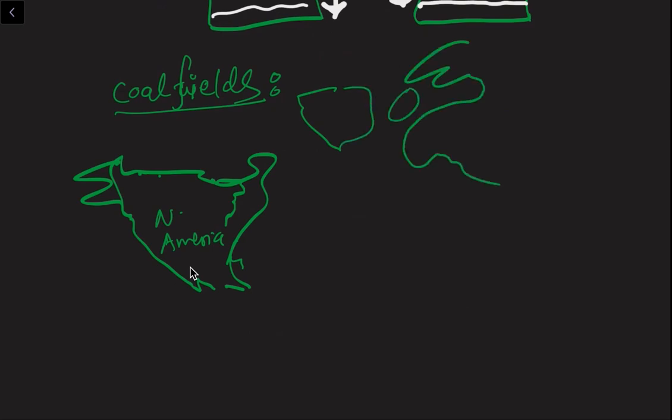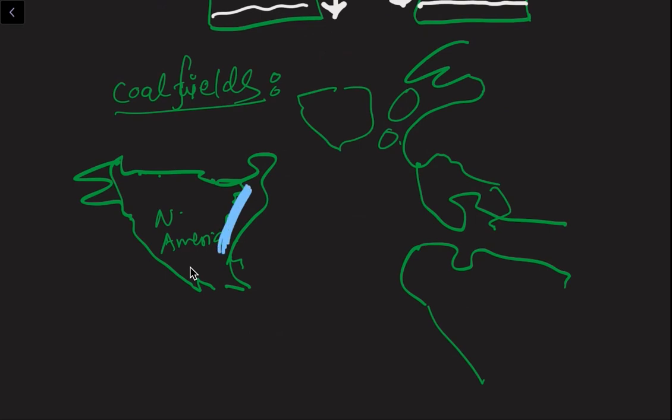So here is Britain. Here is Africa. You will find one peculiarity: here are the Appalachian mountains. In America, there are these mountains called Appalachian mountains, and the Appalachian mountains are full of coal.